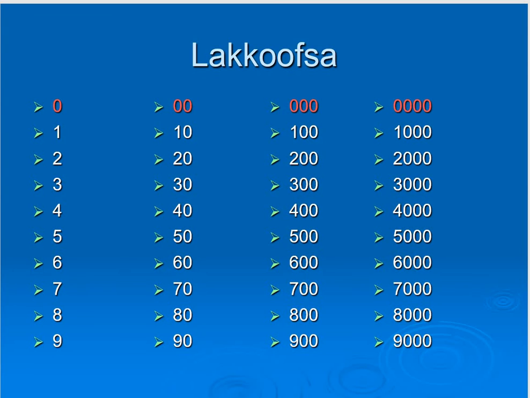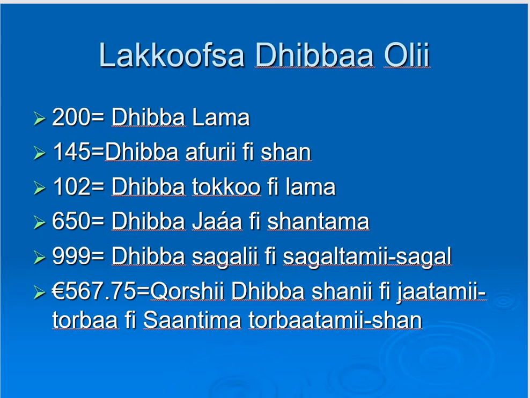And now let's go to reading some numbers. This is where the difference is. Those who know English will understand how Oromo always counts. The first one is 200, Ibba Lama. It's not reversed; it is Ibba Lama.